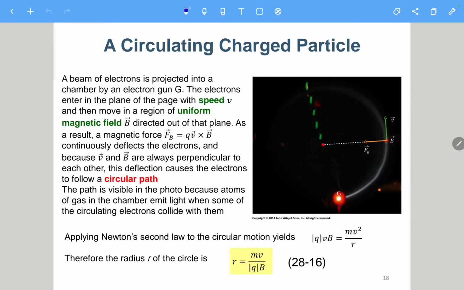Okay, so next we talk about the circular motion of a charged particle.